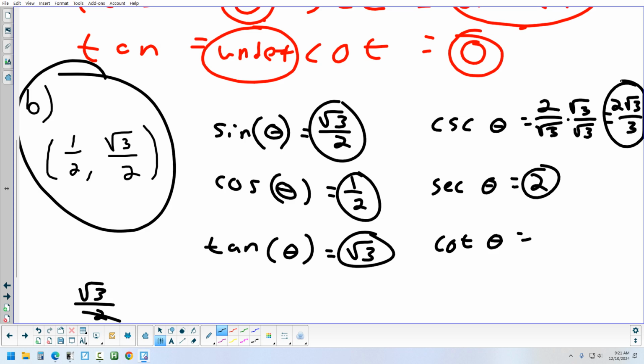What are we doing based on the work we already have? We can do the cotangent a little faster. It's the opposite of the tangent. It's the what of the tangent? Reciprocal of the tangent. Yep. So it'd be 1 over the square root of 3, which we then do the same process again, which would then make it just the square root of 3.